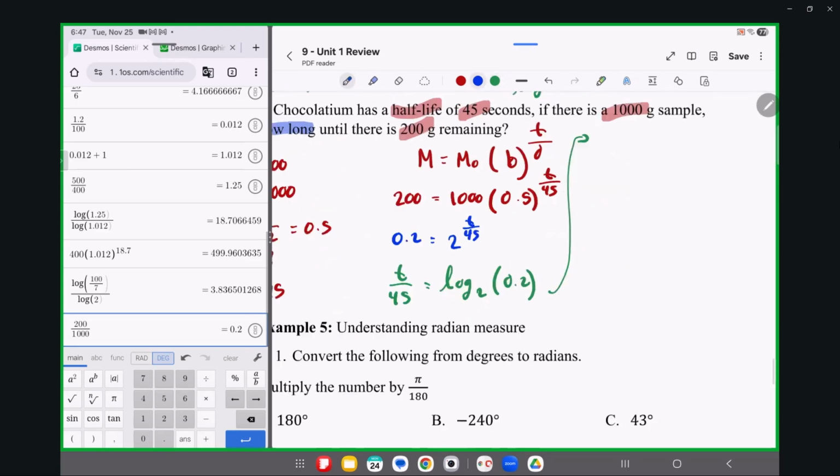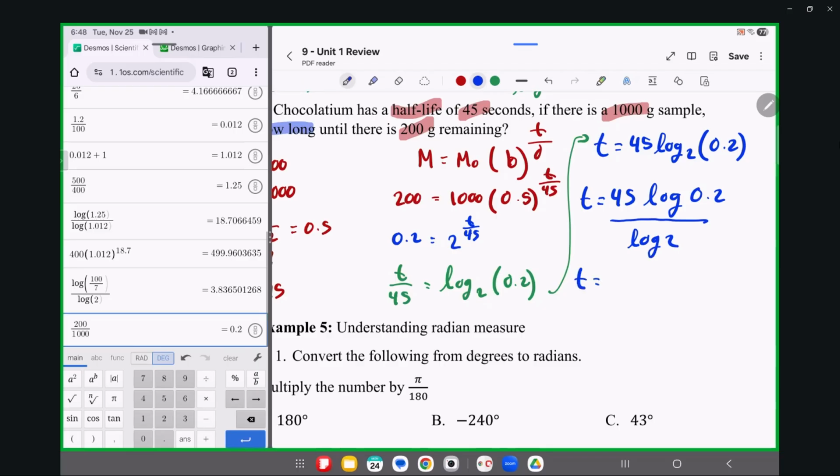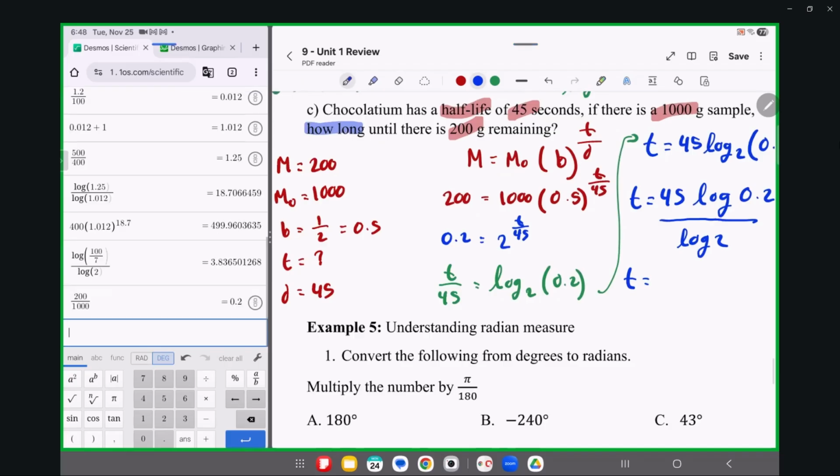Multiplying both sides by 45, we get T is equal to 45 times the log base 0.5 of 0.2. And applying the change of base formula, we get T is equal to 45 multiplied by log of 0.2 divided by the log of 2. Like I said, a lot of steps here, but it follows roughly the same algorithm as you go through this.